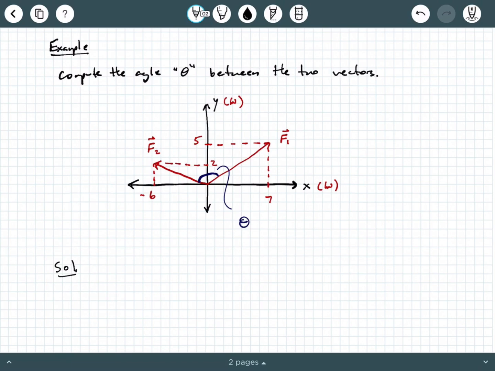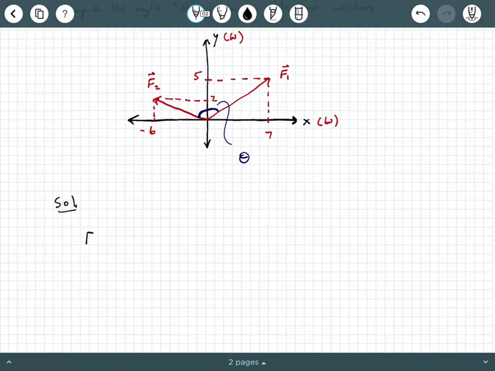Under solution, the first thing I want to point out is vector f1 has components of 7 kilonewtons, 5 kilonewtons. Vector f2 has components of negative 6 kilonewtons and positive 2 kilonewtons.